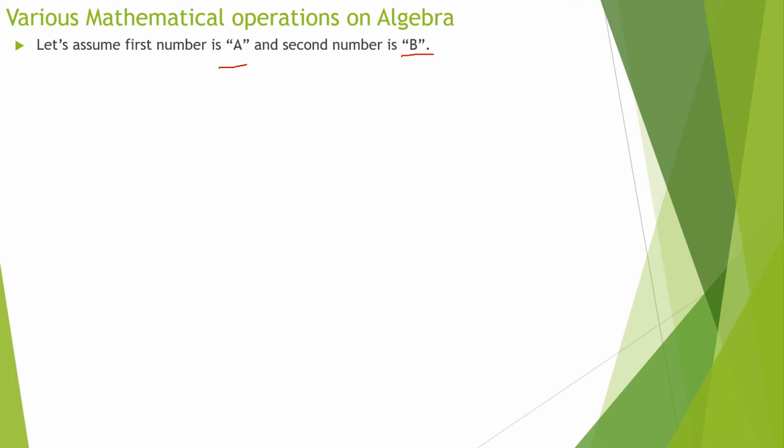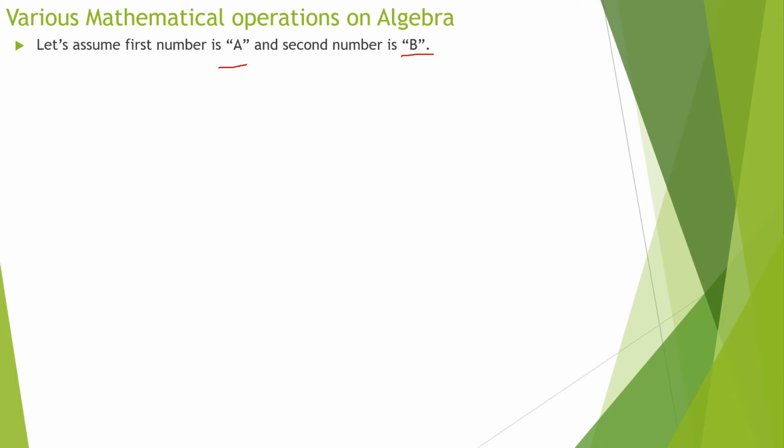Instead of a or b, you can assume p or q, m and n, x and y, whatever you want. So in our example we have taken two numbers, the first number is A and the second number is B, and we will perform various mathematical operations.